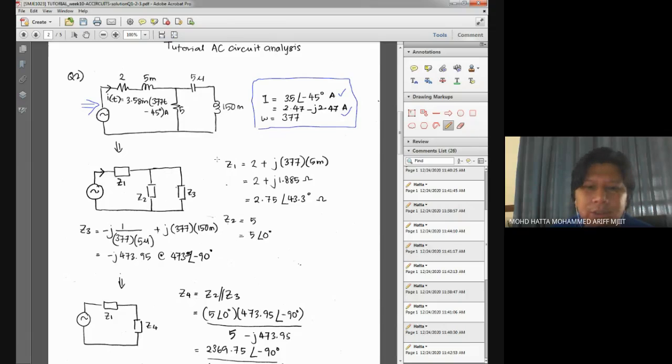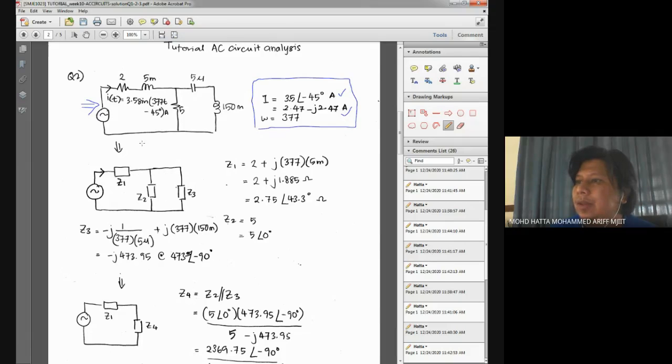The most important thing to answer the question is to convert all information of components into the same units. In other words, you need to convert your inductor and also your capacitor into reactance form, because reactance units is ohm, and for a resistor it's just the real part of your impedance.